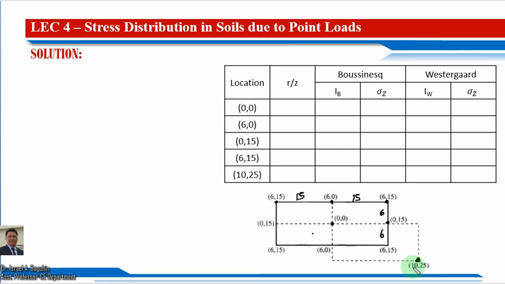So later we'll consider first the coordinates 0, 0 here, and then this 6, 0, and this 0, 15 here, and this 6, 15 here. The last one will be this 10 and 25 at this point.